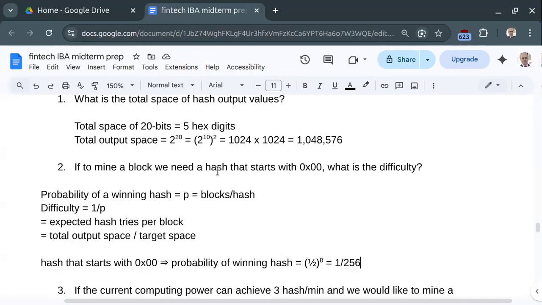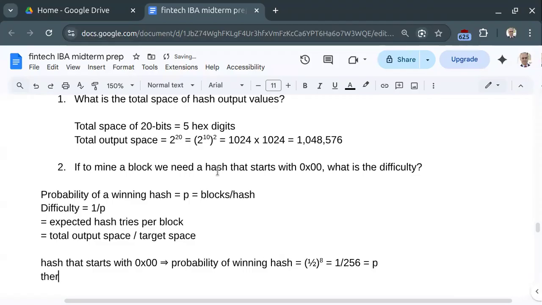That's your probability of a winning hash. So if this is your P, therefore, from P equal to 1 divided by 256, we can figure out the difficulty is equal to 1 divided by P, right? Well, if P is 1 divided by 256, how much is 1 divided by P?